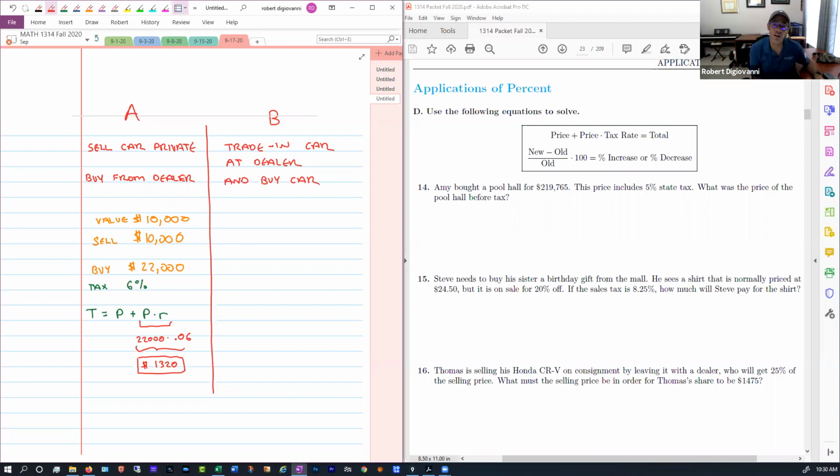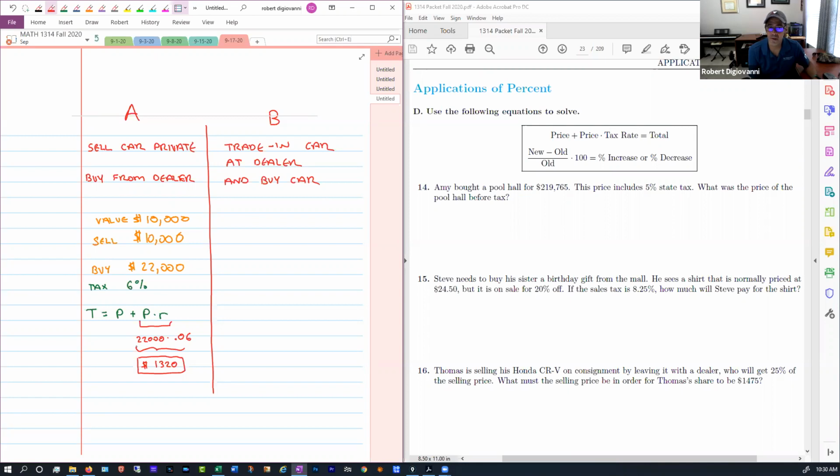Okay, let's talk about the trade-in. When you go in and do a trade-in, anyone who's actually gone through this, what usually happens when you go to trade in a car? Are they going to give you the $10,000 that it's valued at? No. Usually not. Usually the trade-in value is a little bit less.